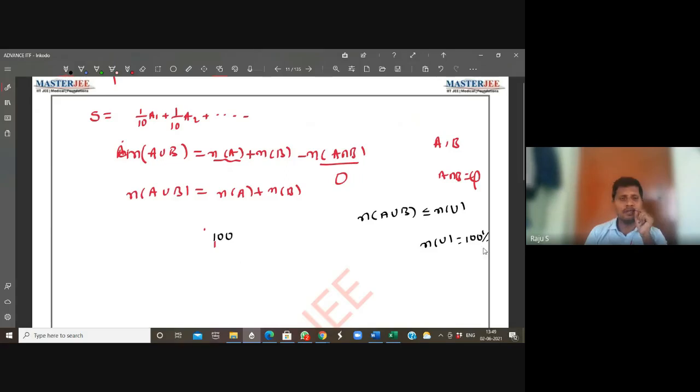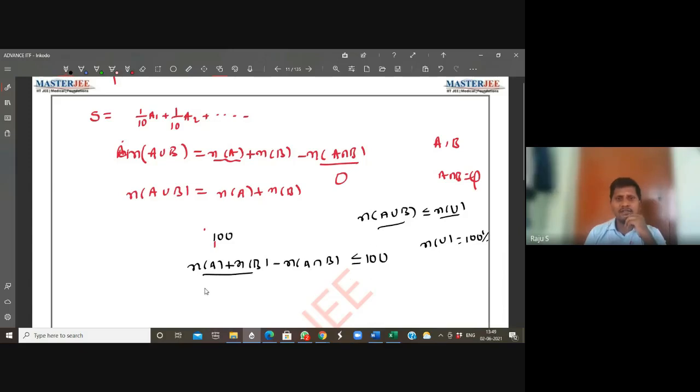So n of A union B is always lesser than or equal to n of U. So the n of A union B formula is what? n of A plus n of B minus n of A intersection B, lesser than or equal to 100, because it is equal to n of A union B. It is 100. Okay, when I take it like this, take your n of A intersection B to the right side.